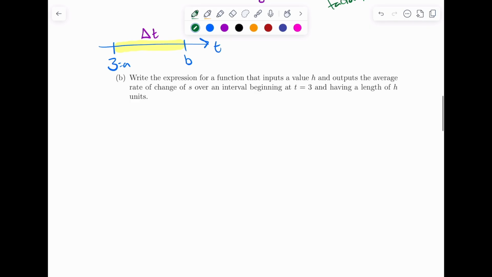Part B, on one hand, is asking a very similar question. We are looking at the same formula, same function, s of t. It's an interval that starts at t equals 3, but this time, instead of ending at b, I am telling you the length of that interval.